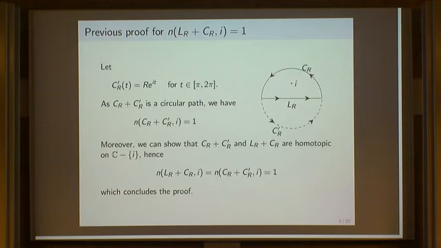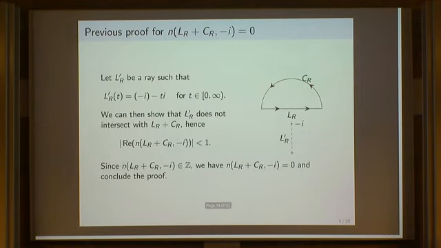This is for the first winding number. For the second winding number, I defined another auxiliary object, which is the ray starting from minus i to negative infinity. Then I showed that this ray does not intersect with LR plus CR.